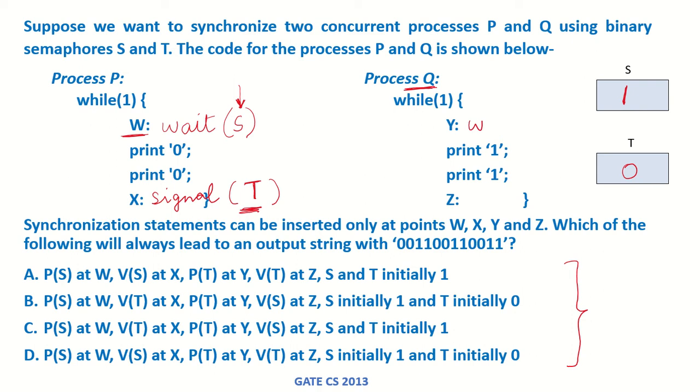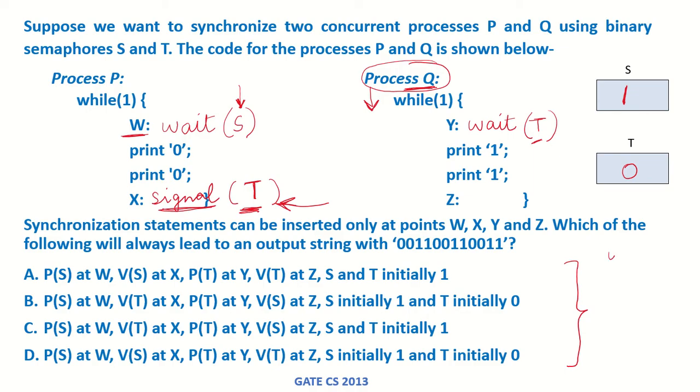So if process Q waits for T, even if it starts first, since the initial value of T is 0, it will not be able to run. Process Q will be running only when process P increments the value of T by doing this signal operation.